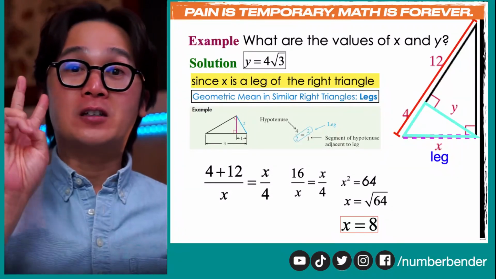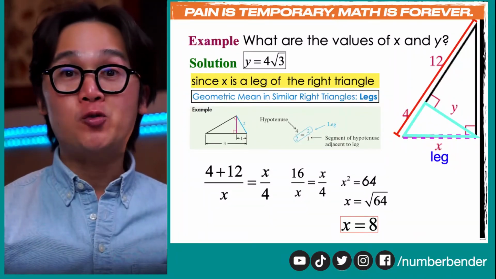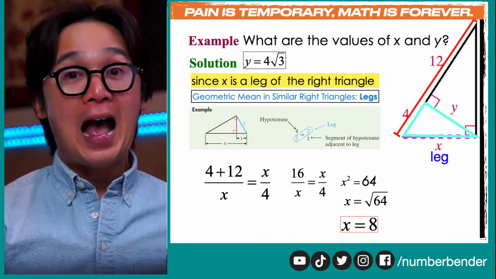So those are the two corollaries that we're going to be using whenever we are given a right triangle and its altitude.